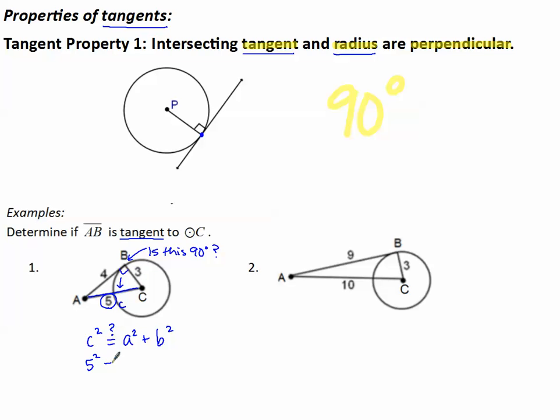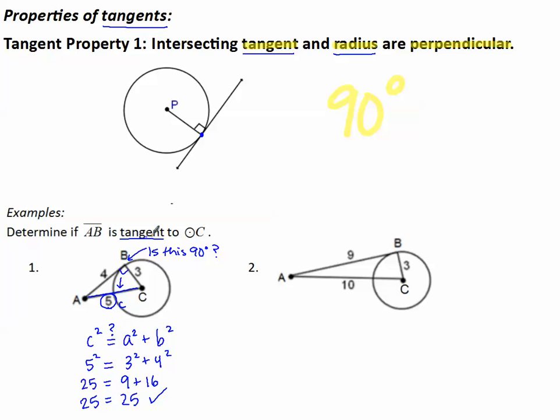So 5 squared maybe equals 3 squared plus 4 squared. This side is 25, over here is 9 plus 16, and 9 plus 16 does make 25. So they are equal. Now we could have noticed that this is a 3, 4, 5 triangle, and 3, 4, 5 makes a triple, which we know is for a right triangle.